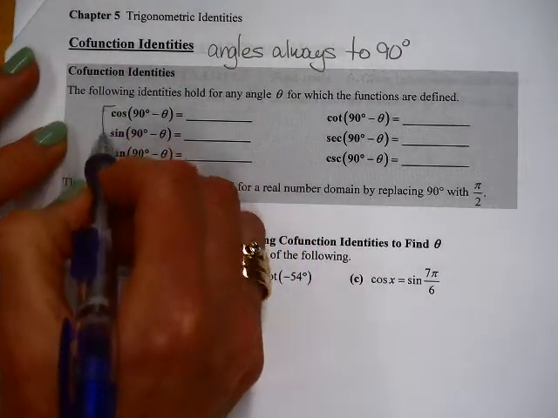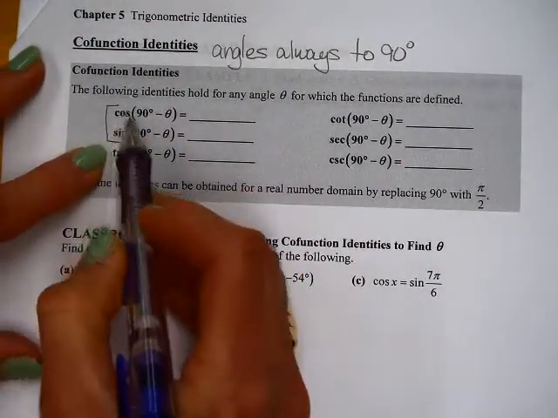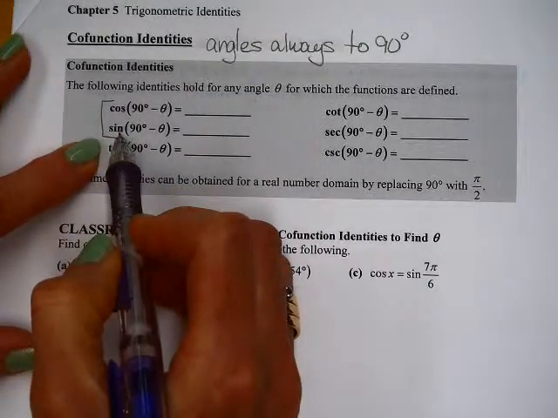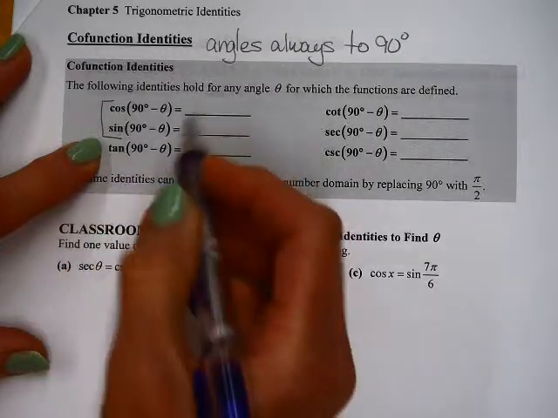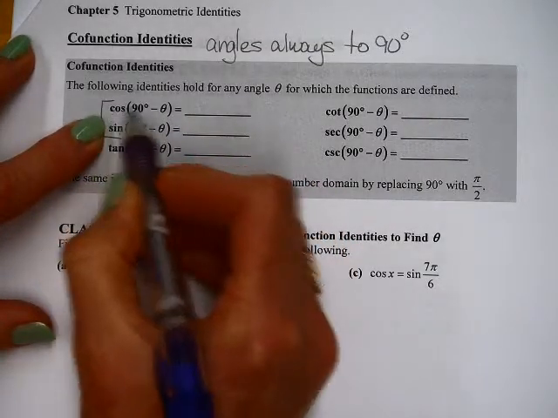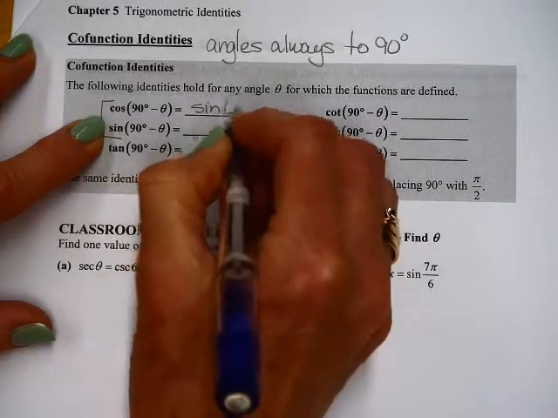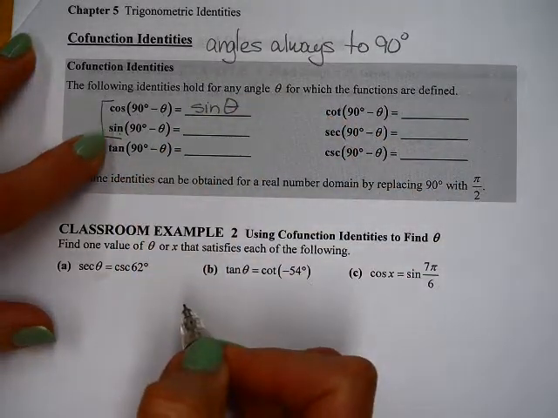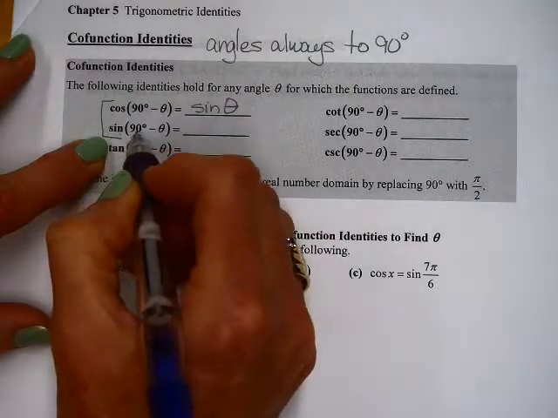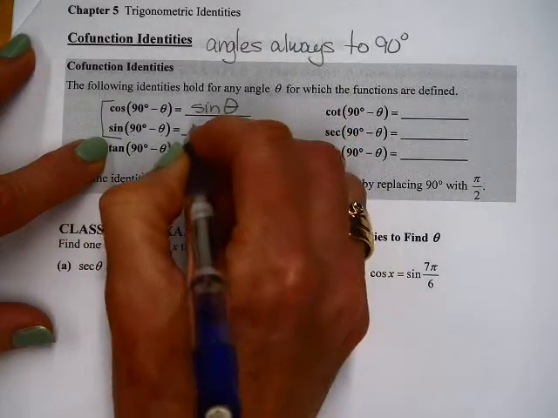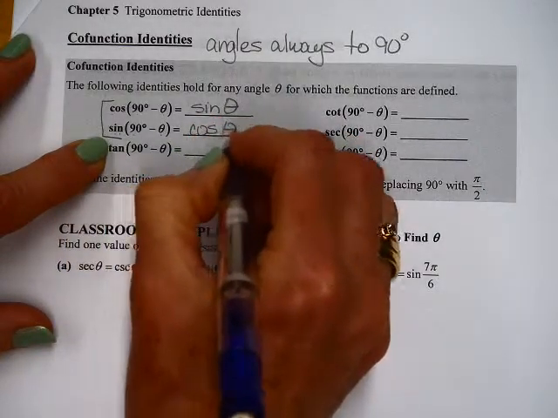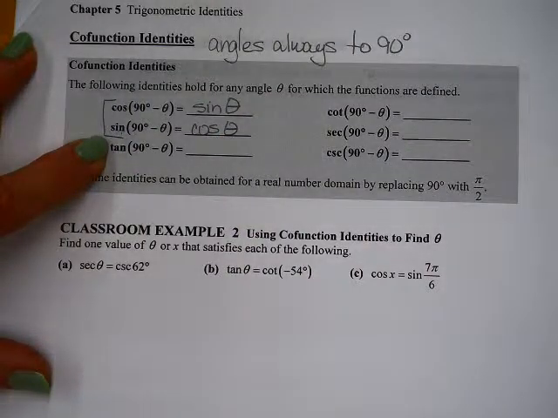Now for cofunctions, sine and cosine are cofunctions if the angles add to 90 degrees. So the cosine of 90 minus theta is the same thing as the sine of theta, and the sine of 90 minus theta is the same thing as the cosine of theta.